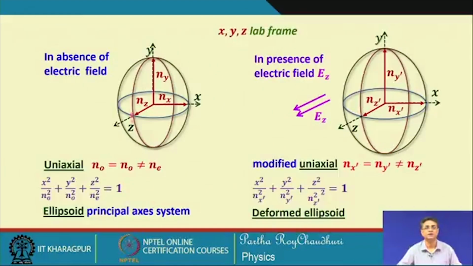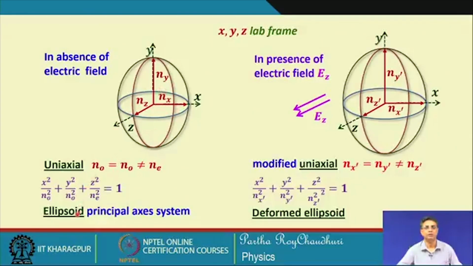Let us first explain this one, that you have the index ellipsoid originally, which was naturally uniaxial. So, you have only this n z different, but n x and n y were equal.